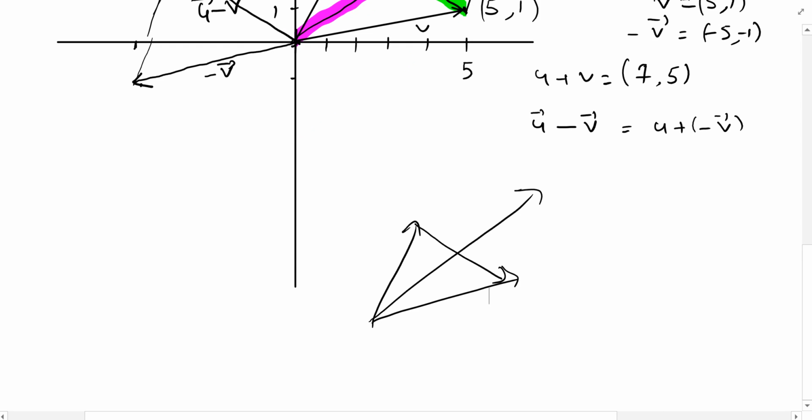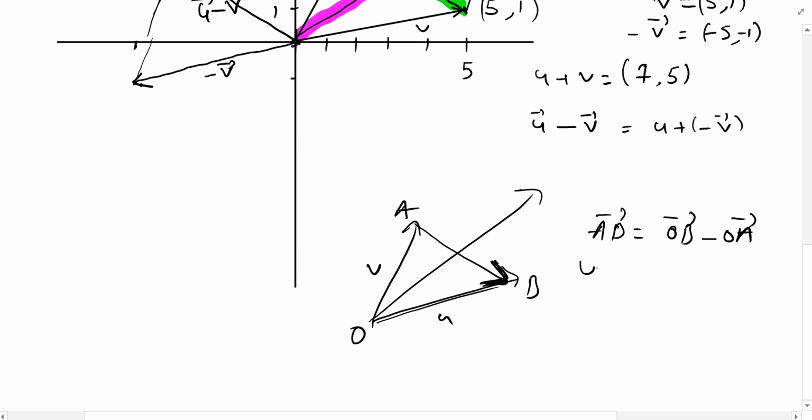So now let me call this point a, that point b, and that's o. If you do the ab vector, that is going from a towards b, right? A to b is going to be the ob vector minus oa. So if you call it u, that is v, then we're going to write the uv vector.